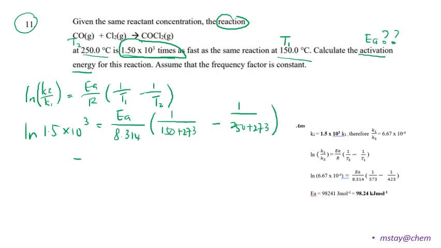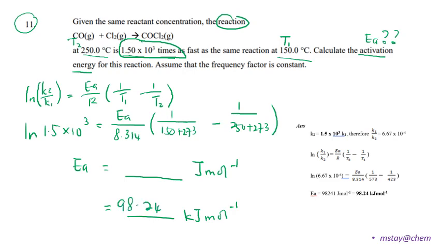So press the calculator and you will get the EA. The value shown in the calculator is in joule per mole, so you have to convert it to kilojoule per mole. The final answer is 98.24 kilojoule per mole.